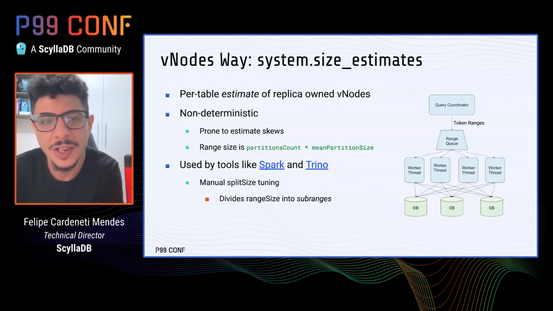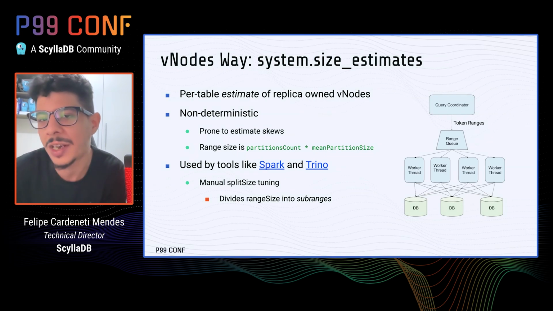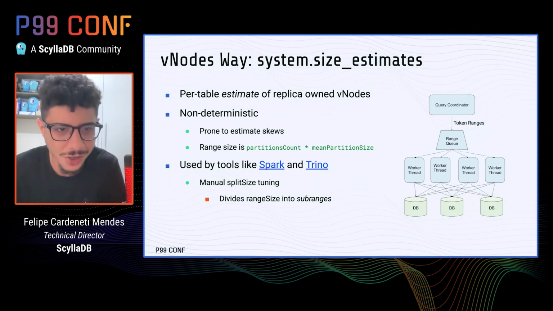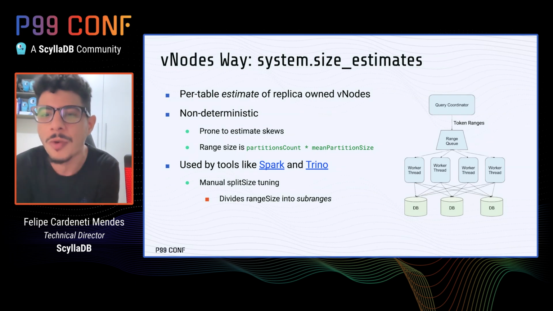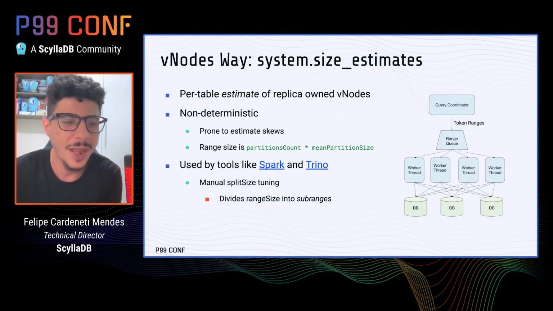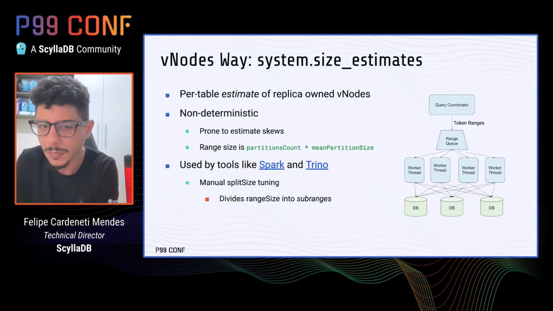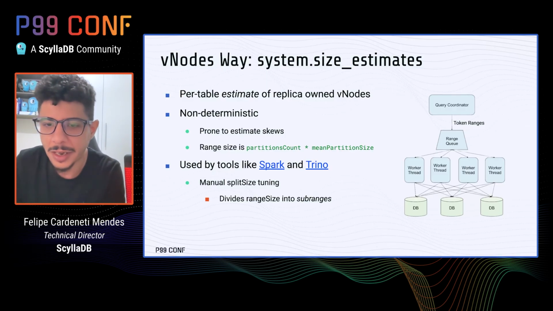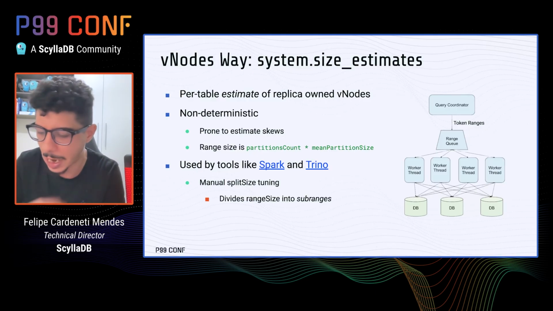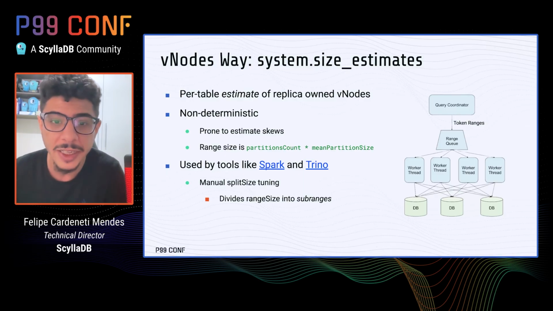So, at this point, you may be wondering, how are other solutions out there doing full scans with either Apache Cassandra or ScyllaDB, given these constraints which I just explained? And many years ago, Apache Cassandra introduced a system.size_estimates table, which we happen to inherit.